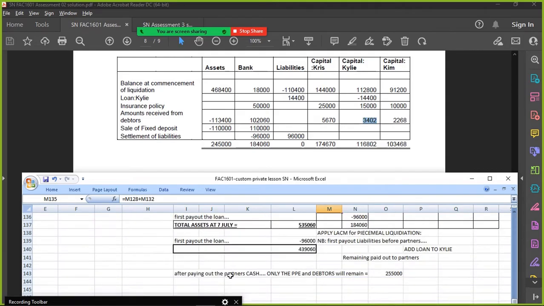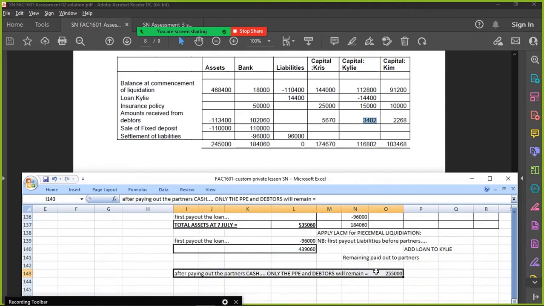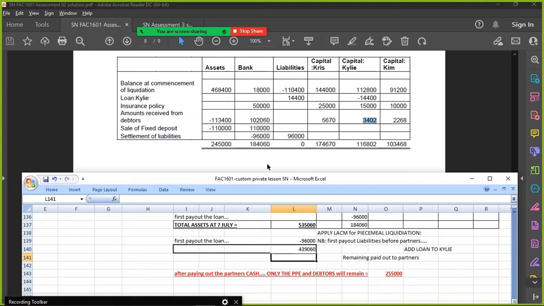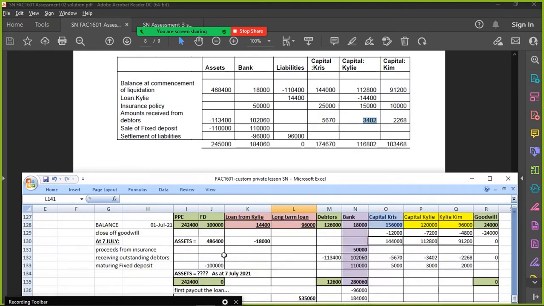And I had how much? 255. Yeah, I'm sticking with the 255, hey? Because the liquid bank amounts would have been paid out. And if they're going with assets, looking at their solution, the asset that they're showing here excludes the bank account. Because your fixed deposit was 100.